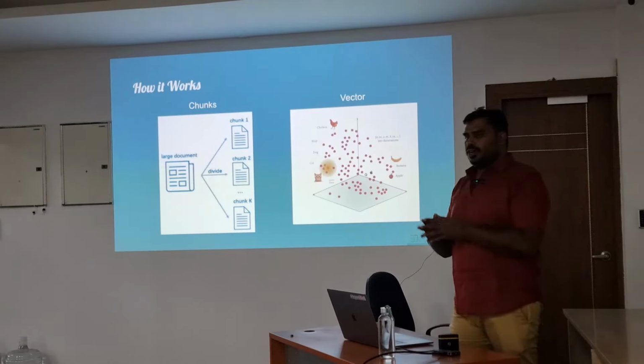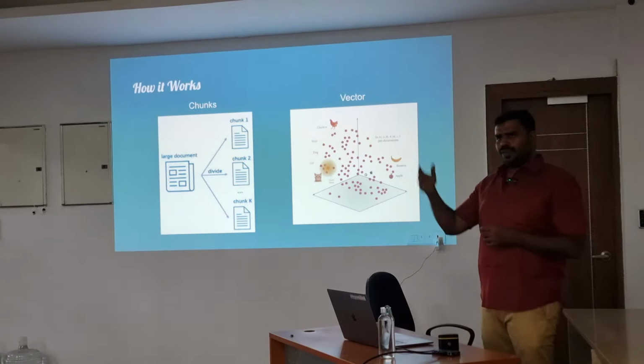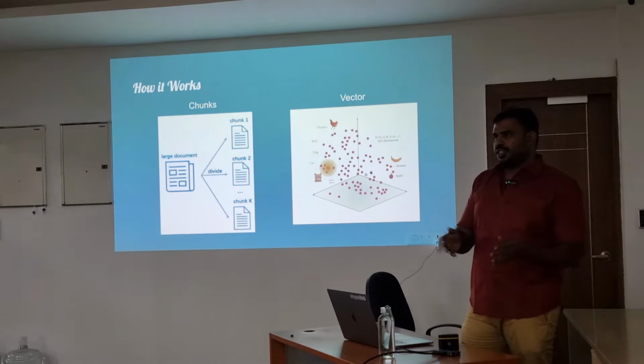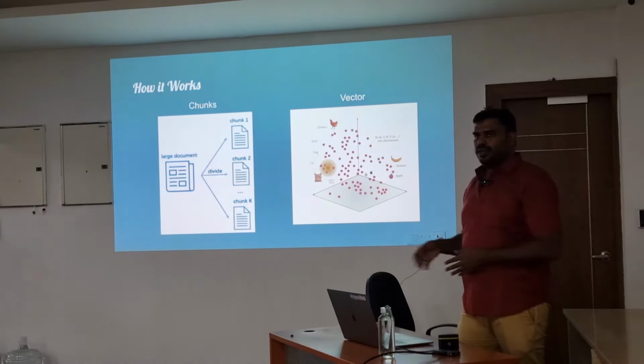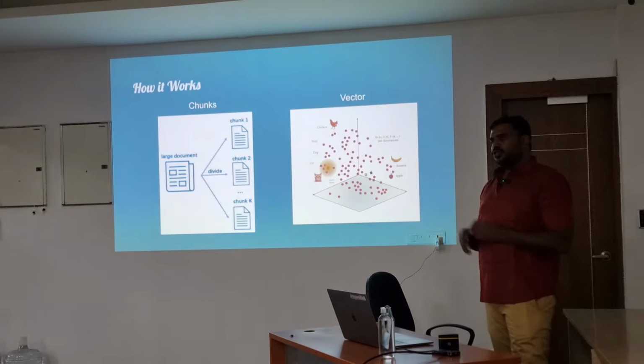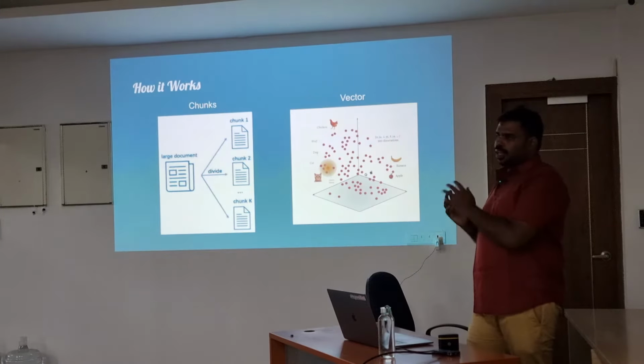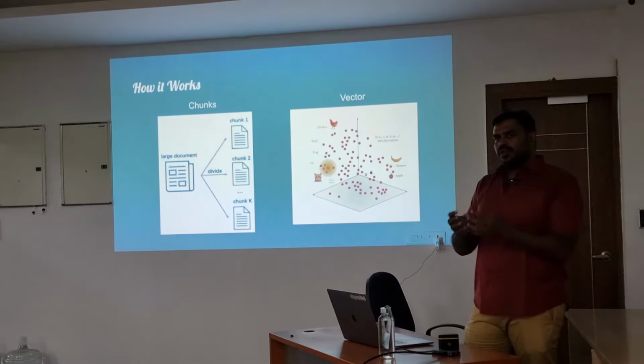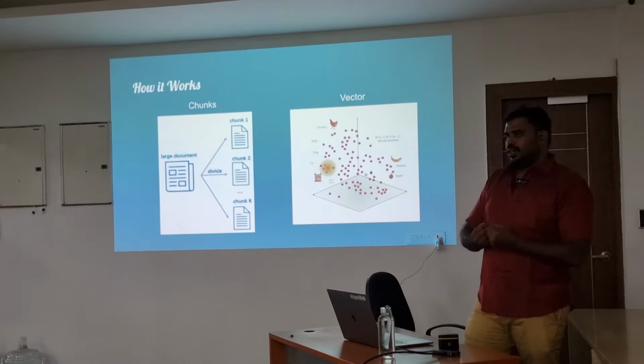Let's say you have an HR policy document of 500 pages and you want to know the leave policy. You cannot go and search through 500 pages, right? So we will give this 500-page PDF document to an LLM model and try to get the information from it.